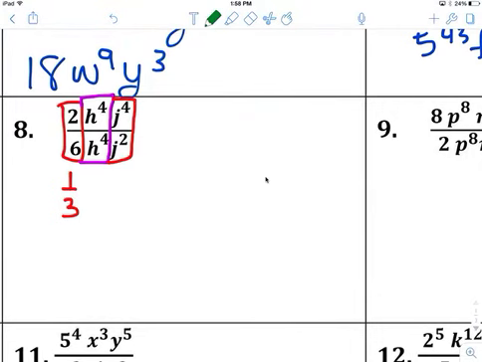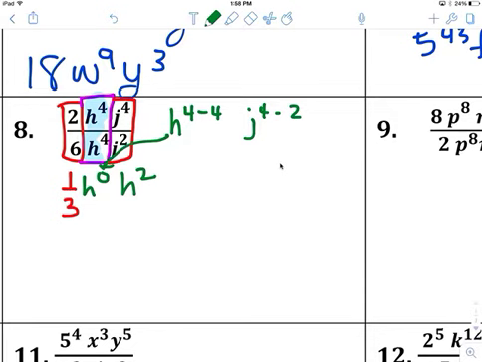Bye-bye. That's reduced to 1/3. H to the 4th minus 4, that's the second one. The third one is j to the 4th minus 2. So this one is h to the 0 and h to the 2nd, okay, for the j.